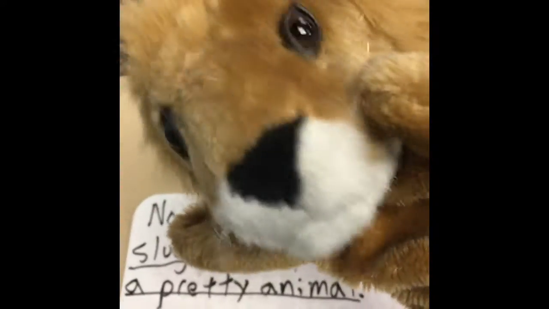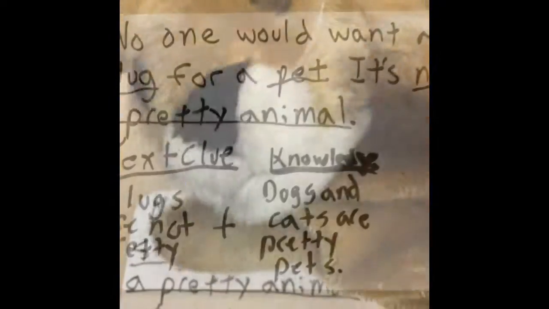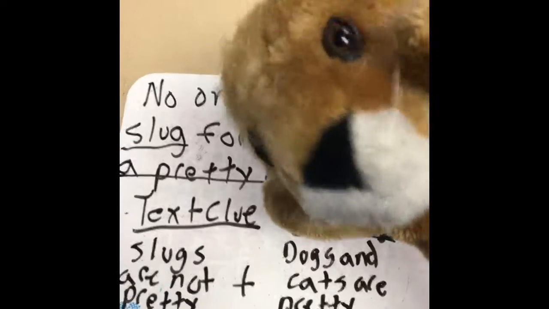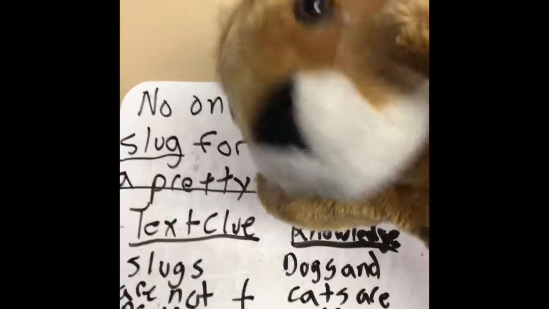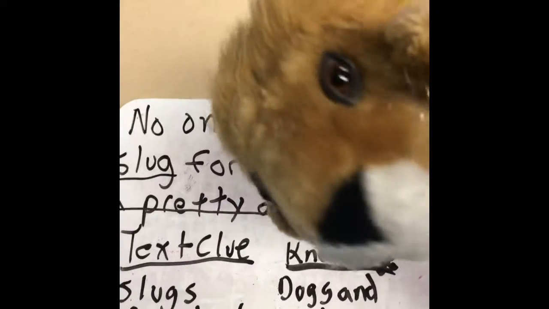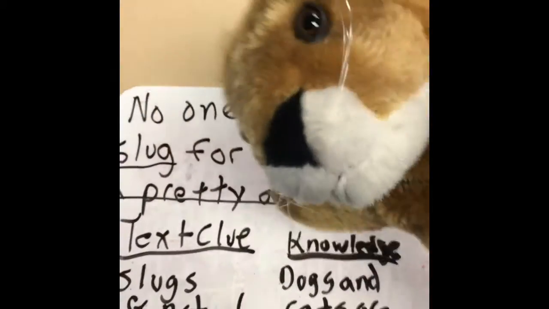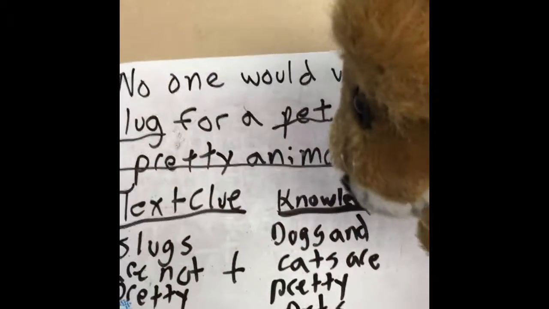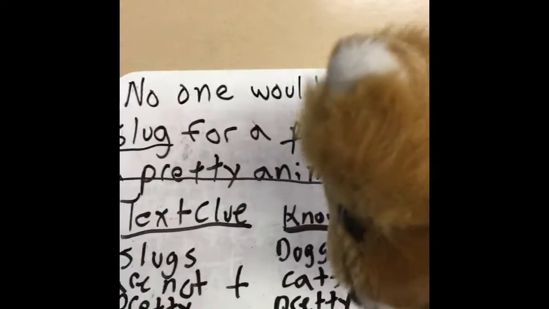Let's build some background. Let's use our personal knowledge. Now, I don't know much about slugs, but I do know something about pets. And I know that dogs and cats can be good pets. The reason I think that, aside from the fact that they're pretty to look at, is that they're also very dependable. So I wrote down here for my knowledge, dogs and cats are pretty pets.